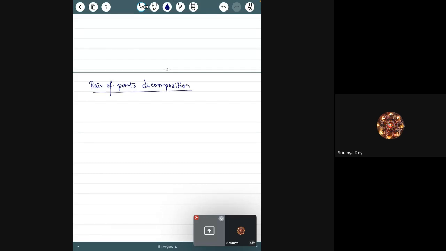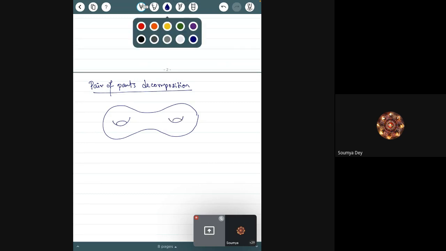Let me tell it for genus g surface. Say for a simple surface like genus 2, okay. Given any such surface, you can always find a collection of finitely many simple closed curves on your surface.